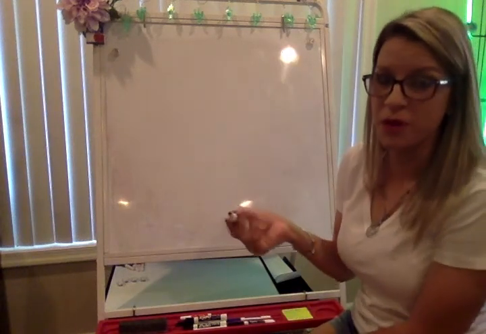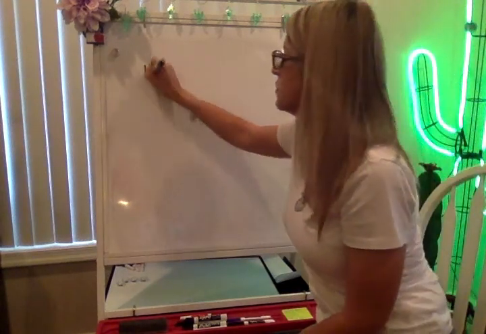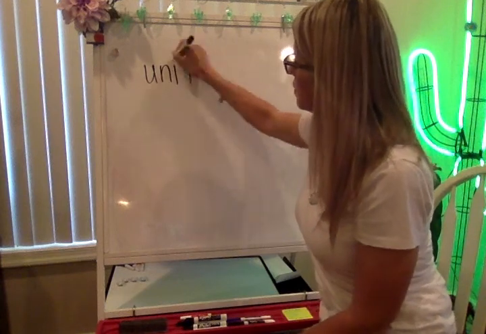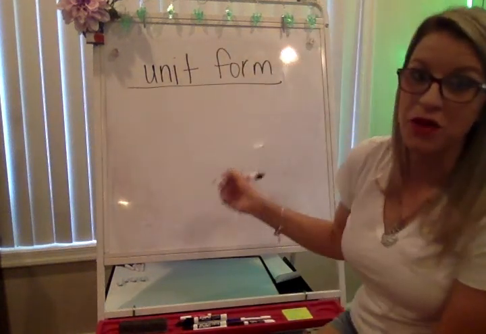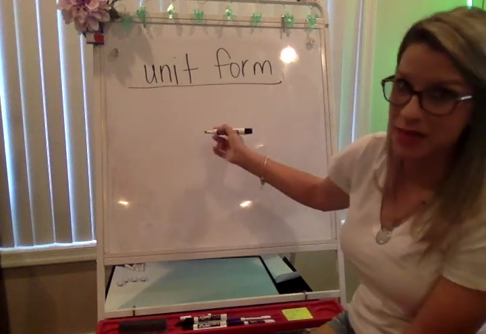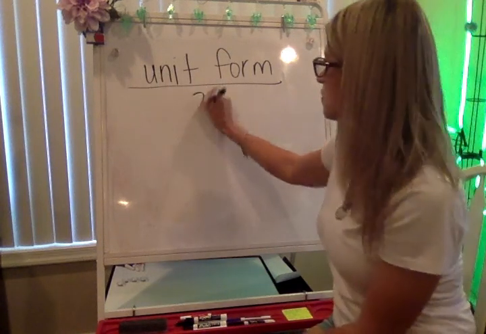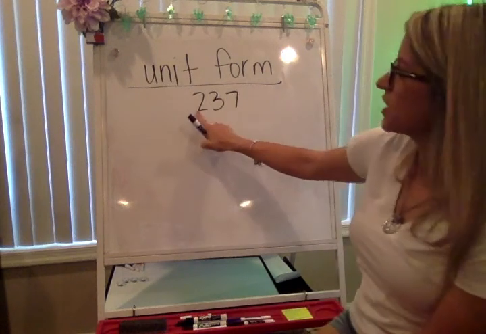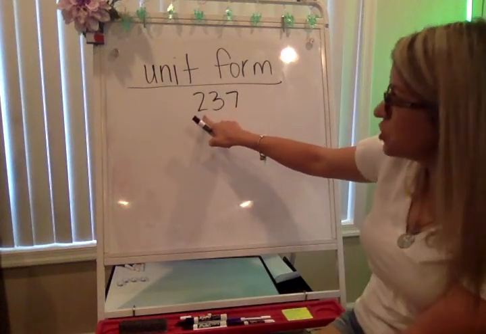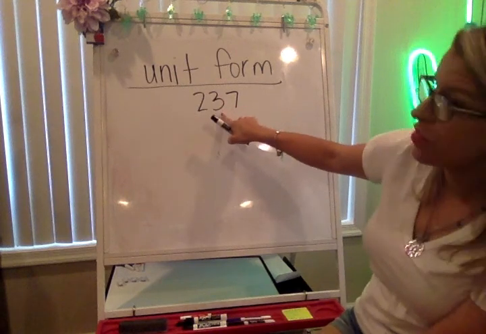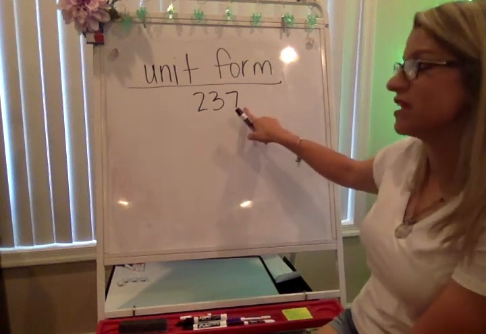The next type of form that I want to talk about is unit form. When I'm thinking about unit form, I'm going to go back to that same number of 237. I'm looking at the different units that are used to create this number. I've got 2 in the hundreds place, 3 in my tens place, and 7 in the ones.